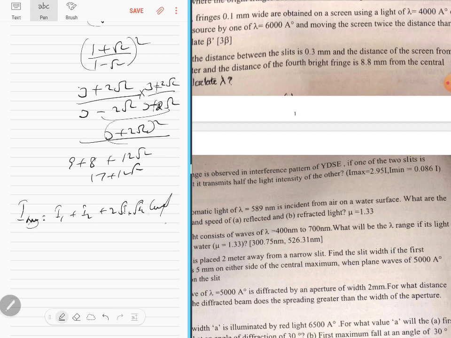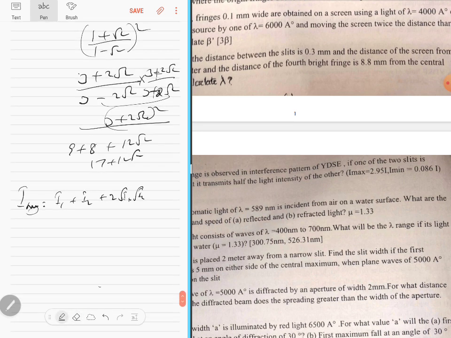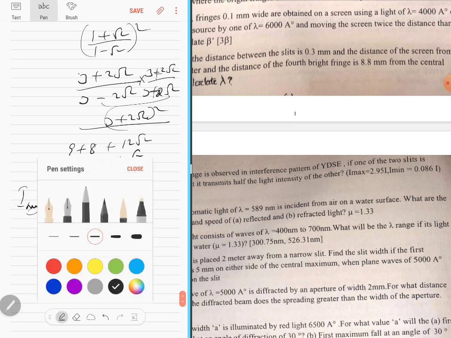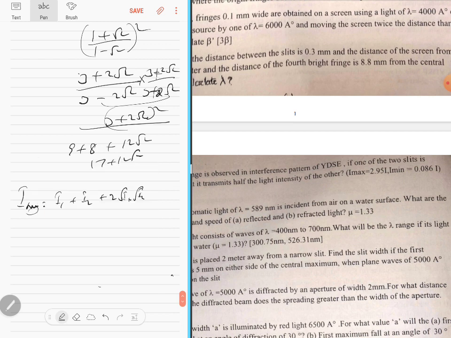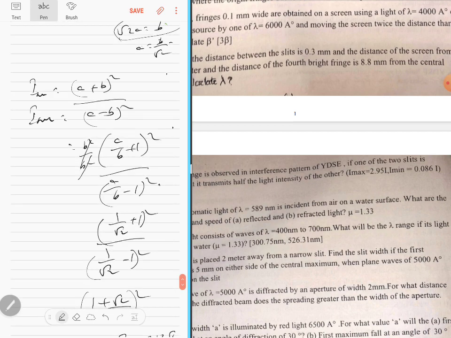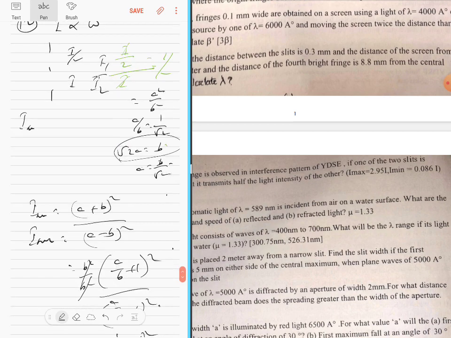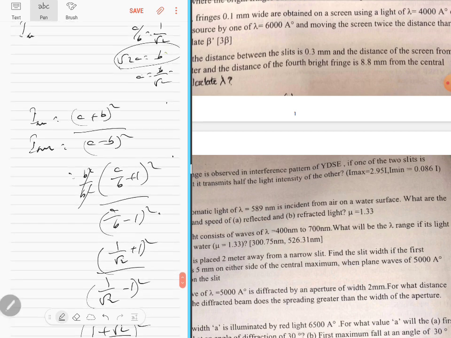For it to be maximum, obviously cos phi has to be 1 so that you get the maximum. This is nothing but root I1 plus root I2 the whole square, or in other words A plus B the whole square. Just that you have to find it. And you only have the ratios, so how do we find that?